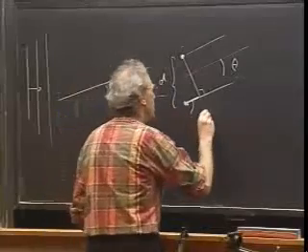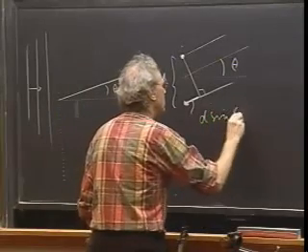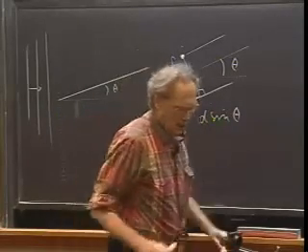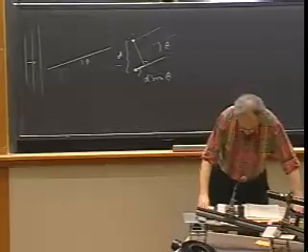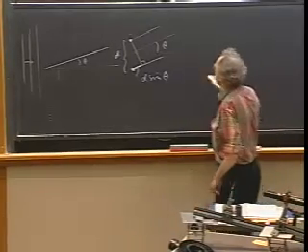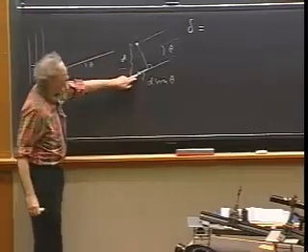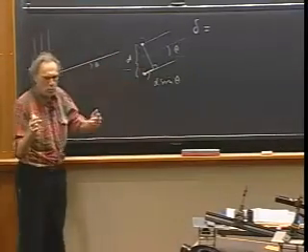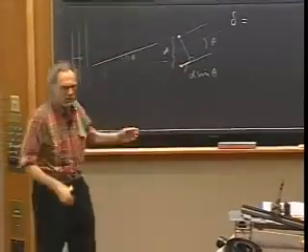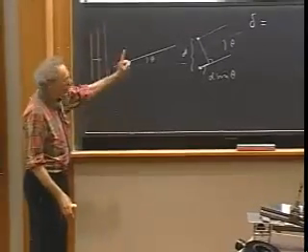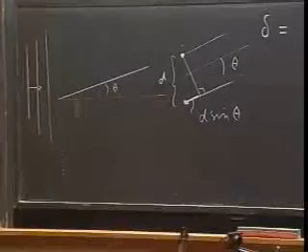And this is d sine theta. And so we will introduce, just like we did before, a phase angle delta, which is the phase between the spherical wave from this point and that point, from two neighboring points, and here there are thousands. So this is only between the two neighboring sources.